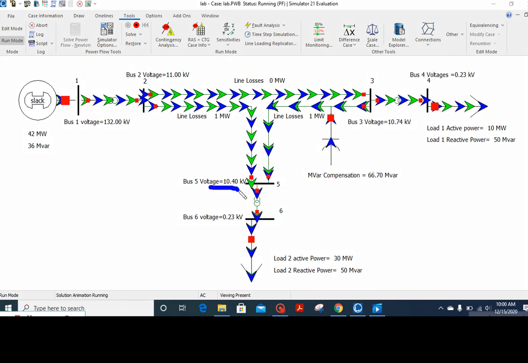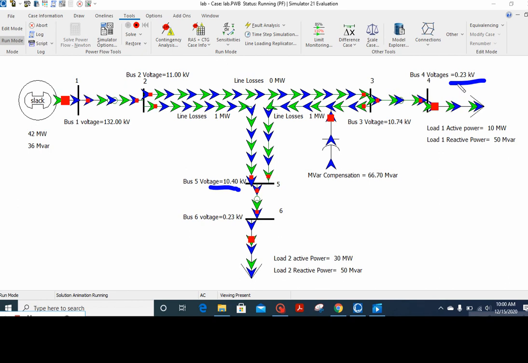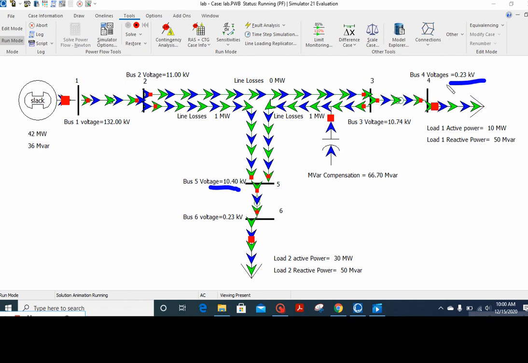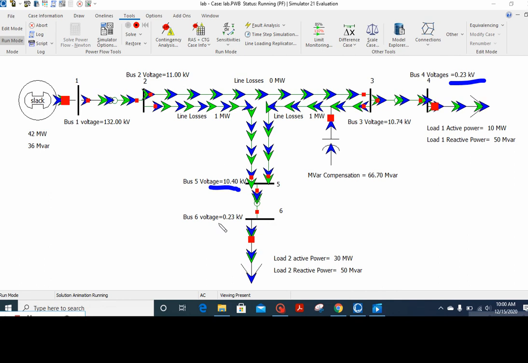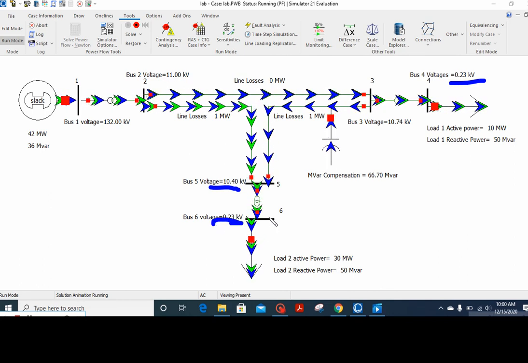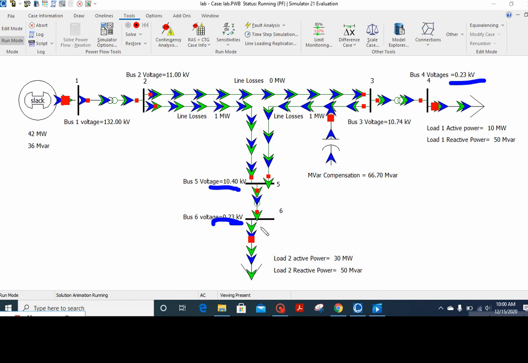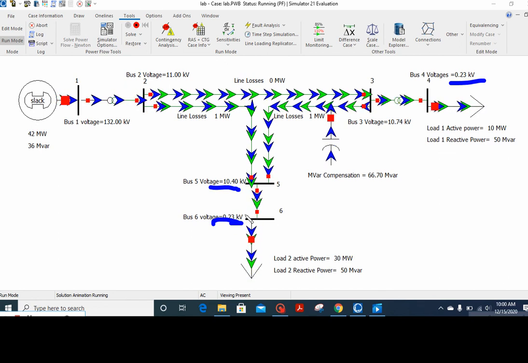First, observe, line voltages are improved. We were given rated or nominal voltage of 230 volts, and we are getting 230 volts on the output buses of the load.